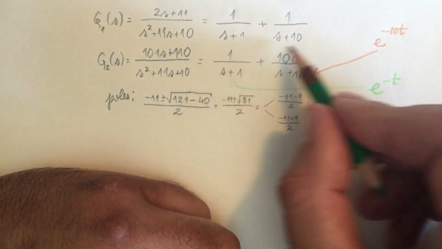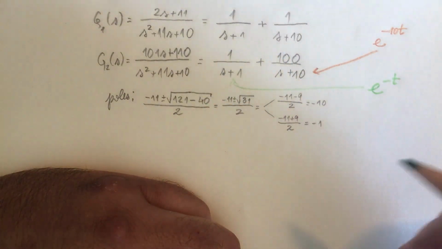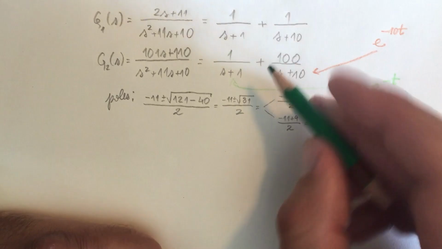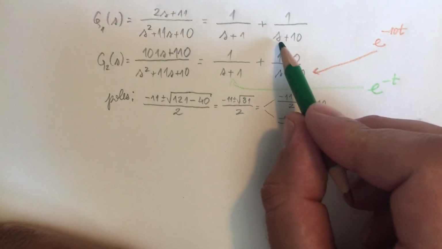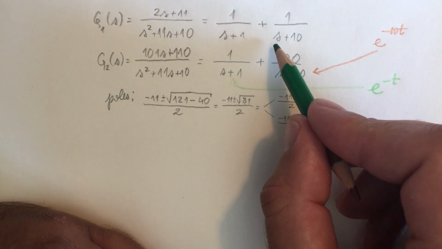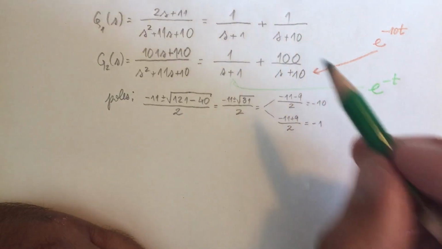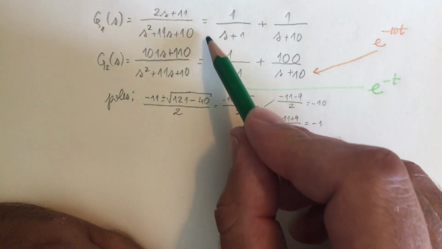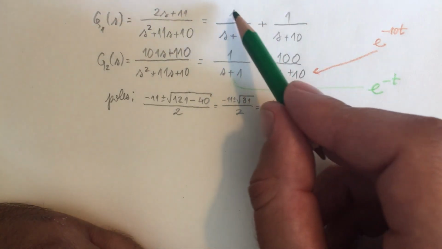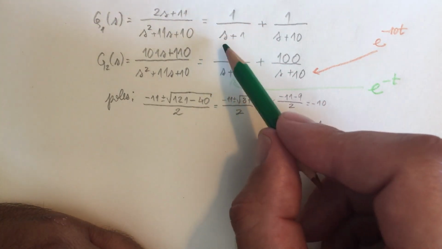So in this case here, we can expect this pole, the one which is farther from the origin, the fastest pole, to have a fast influence so that the response will mostly be dominated by this pole here.